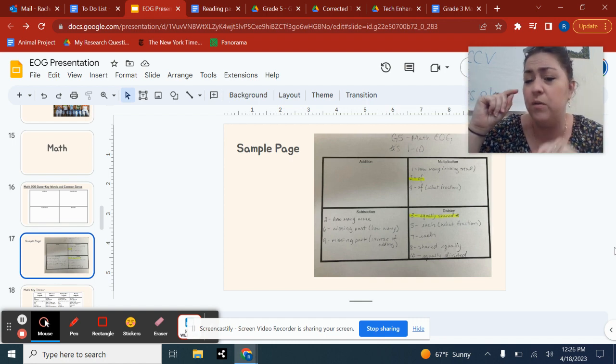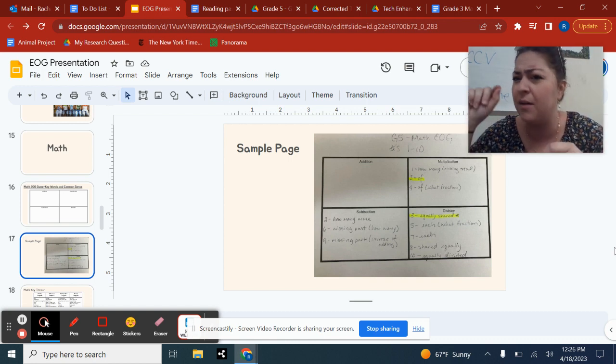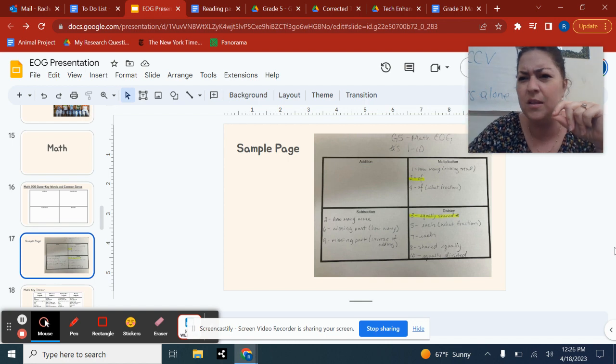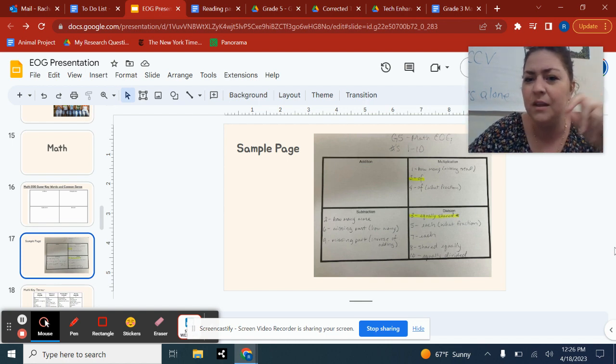But the other is when you have your more advanced child who can use those keywords and find them really effectively, but sometimes they find the keyword, but they don't do some critical thinking around, okay, I've got more than one keyword here. For example, I have "shared equally," but I also have "of." So then I've got something that connects to division and something that connects to multiplication.